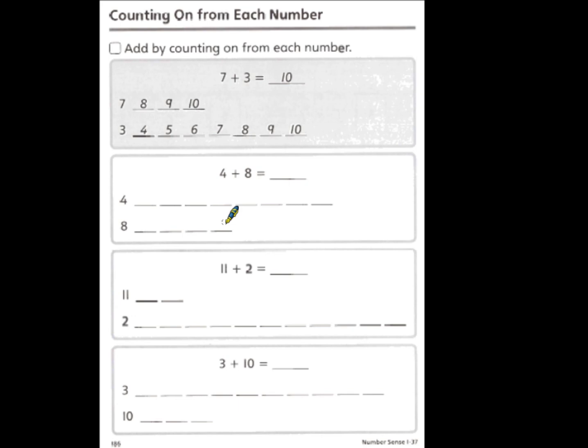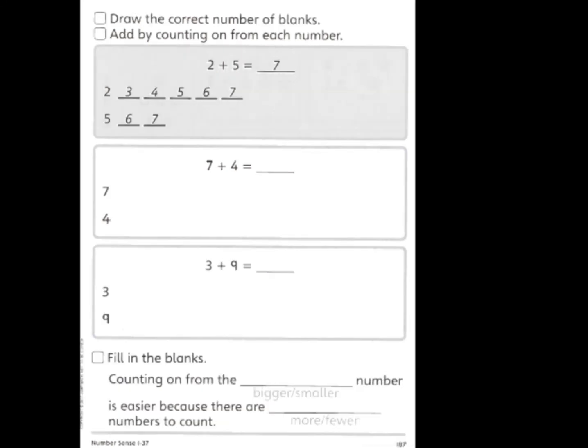You know you're going to get the same answer. So what I want you to do is grab the bigger one and write those numbers. So 7 plus 3. 7 is the bigger number, so I'm only wanting you to write 7, 8, 9, 10. You don't have to write this one. Unless this is hard for you, then you should do both of them.